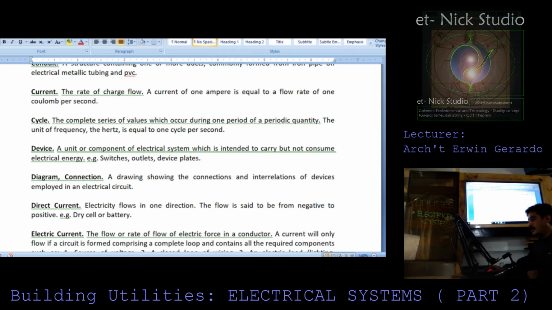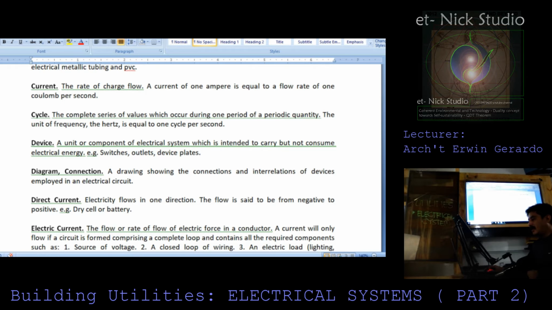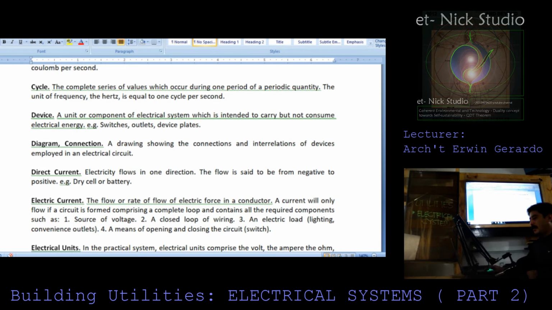Examples: switches, outlets, device plates. Diagram connection, a drawing showing the connections and interrelations of devices employed in an electric circuit.